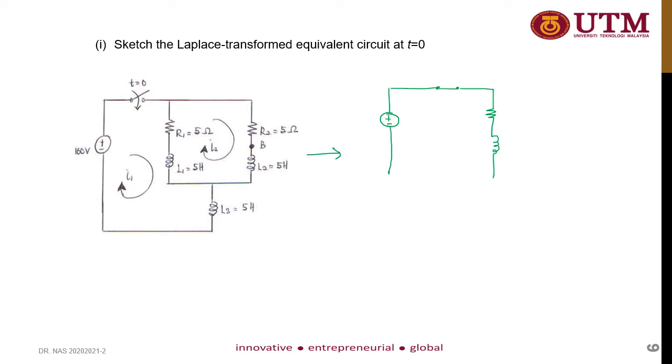There's no initial voltage, so you don't have to consider the I0. And then on the right hand side you have again another resistor and another inductor, and at the bottom another inductor.